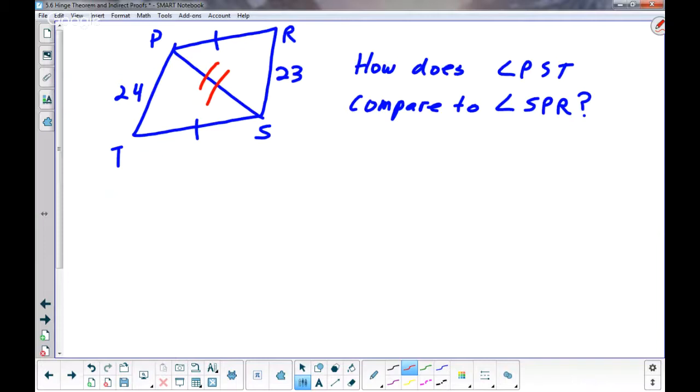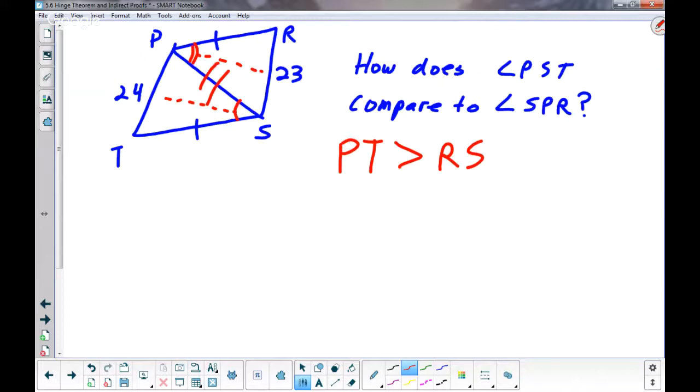And then we look at the sides opposite. So we have PT and RS. And we see that PT is bigger than RS. So based on the converse of the Hinge Theorem, we can then say that the angle opposite PT, which would be S, or PST, is greater than the angle opposite of RS, which is SPR.